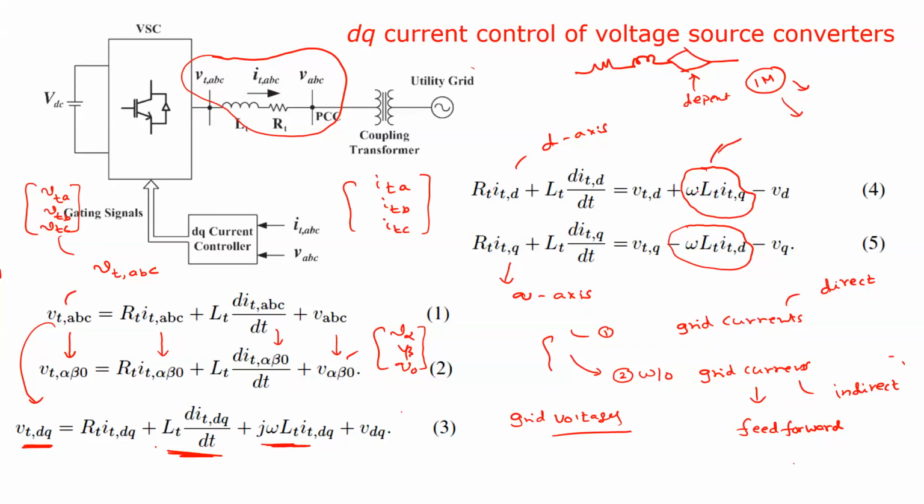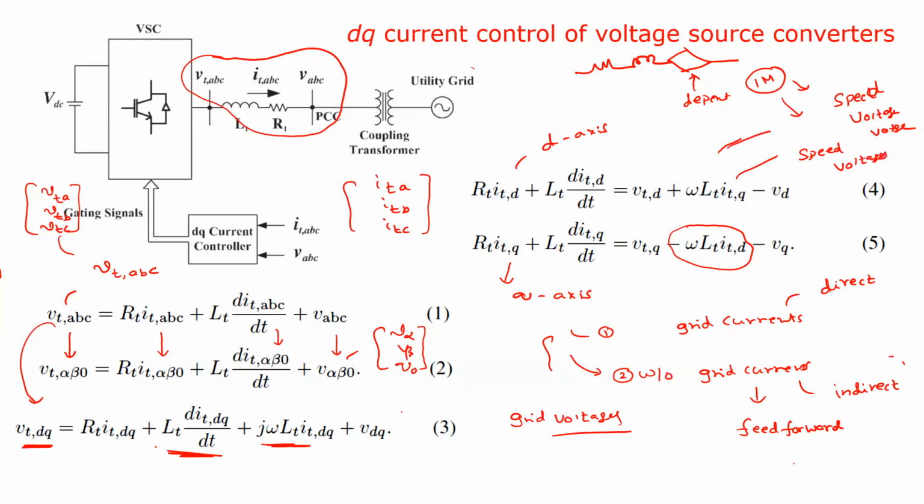Here you are multiplying with some speed, this is omega, so that's why these are known as speed voltages. In case of the induction motor, these are known as speed voltages.